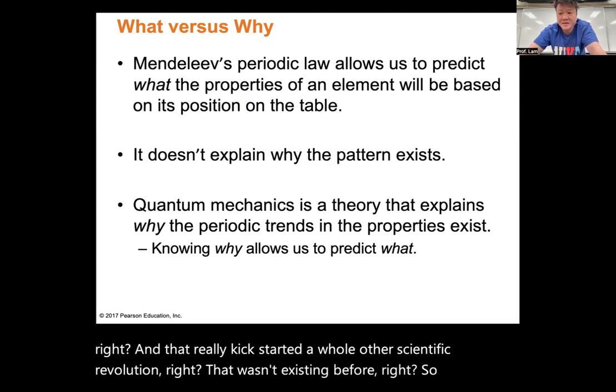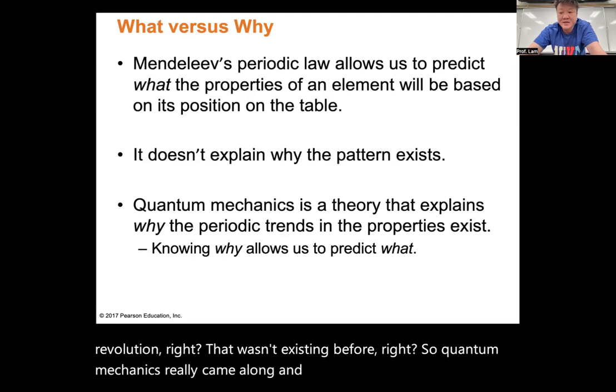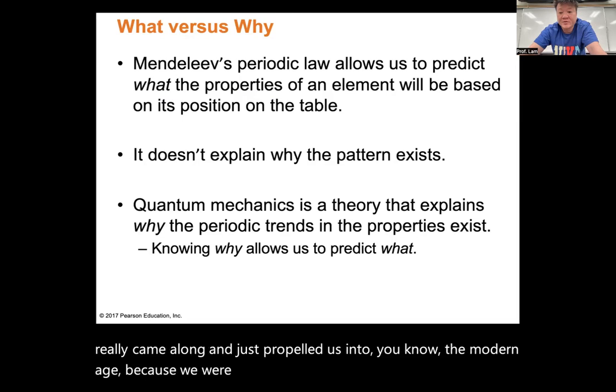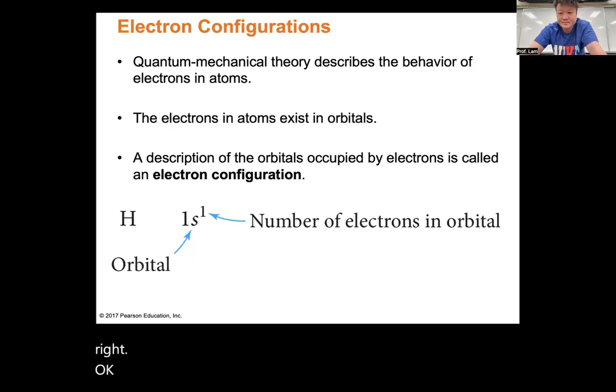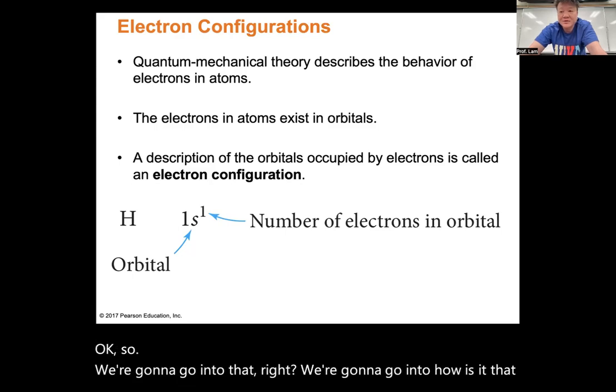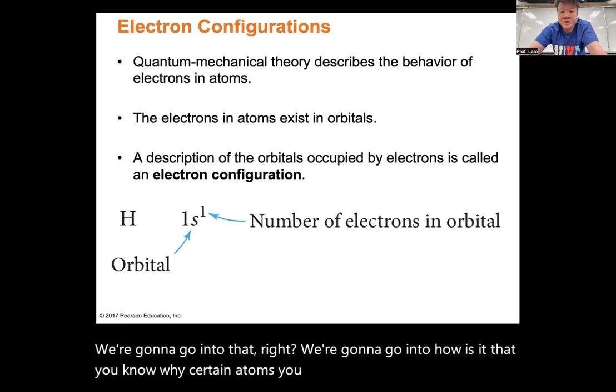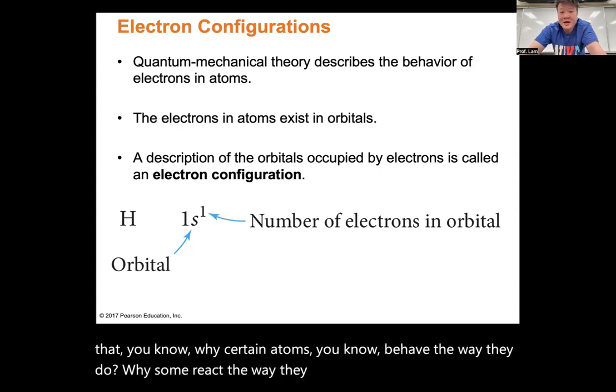Quantum mechanics really came along and propelled us into the modern age because we were able to figure out the why of something. So we're going to go into why certain atoms behave the way they do, why some react the way they do, based on the quantum mechanical theory.